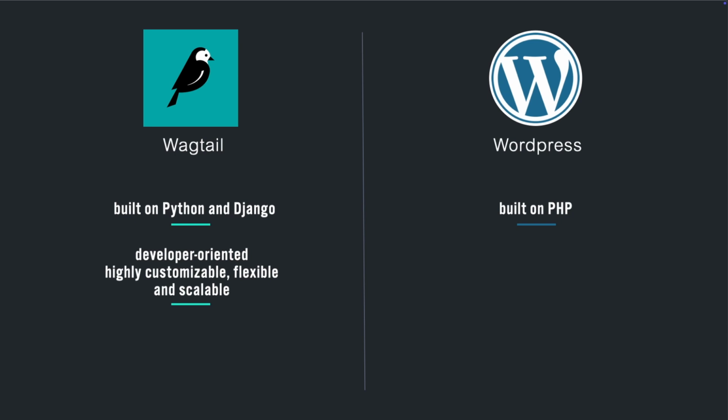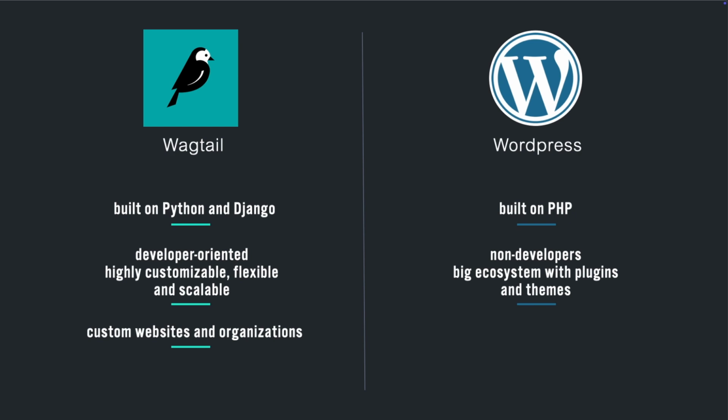As it is basically a Django application, you can use all the available Django packages and you can build your own custom workflows and advanced content structuring. WordPress, on the other hand, focuses more on non-developers, offering a big ecosystem with thousands of plugins and themes to choose from. That's why Wagtail is more suited for custom websites and bigger organizations, which need scaling, while WordPress is more suited for less technical users, bloggers and small businesses.